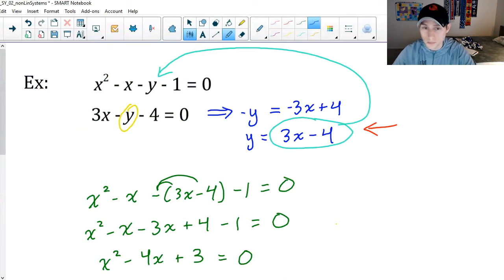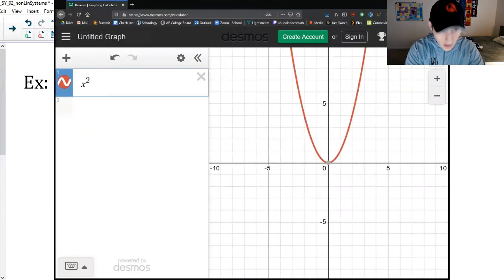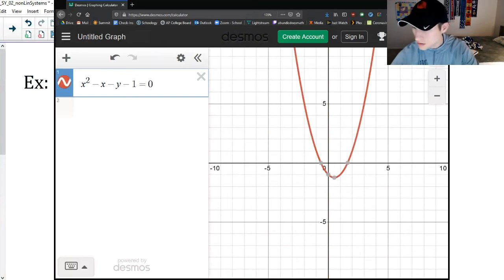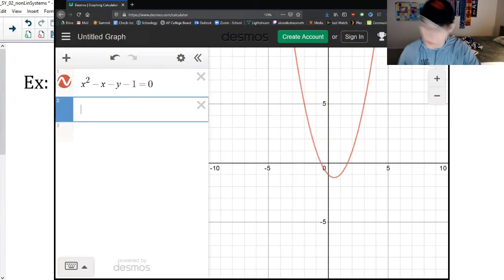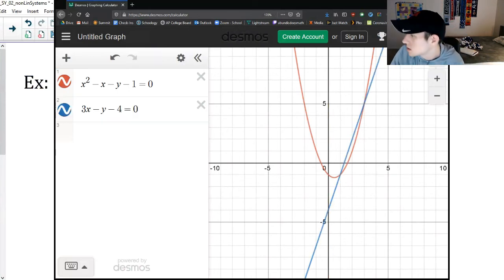Here we go. All right, so let me type in my original equations. So x squared minus x minus y minus 1 equals 0. So that's a parabola. And then my second equation, 3x minus y minus 4 equals 0. That's just a line.